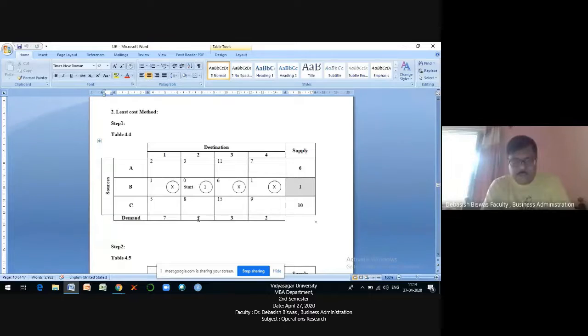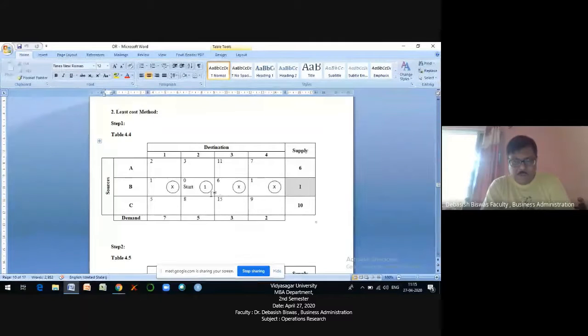So our supply is less than the demand. Although the demand is 5, I cannot give more than 1 because I have only 1. So in this box, we have to allocate 1. That's why it is written here with a circle so that you can understand.